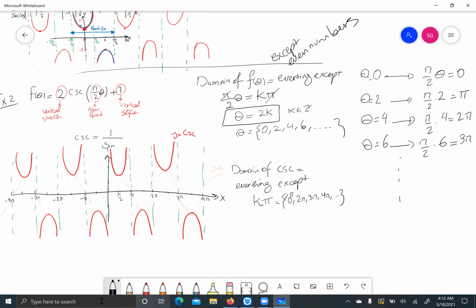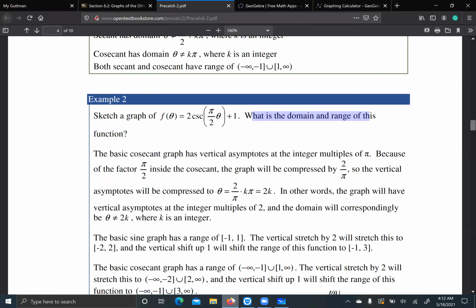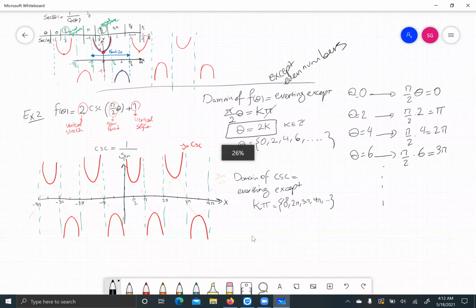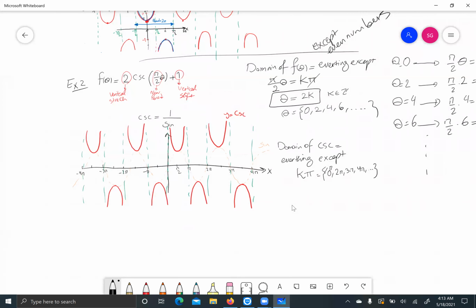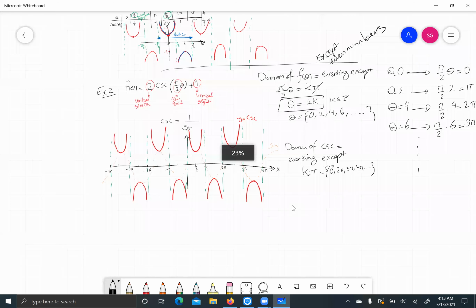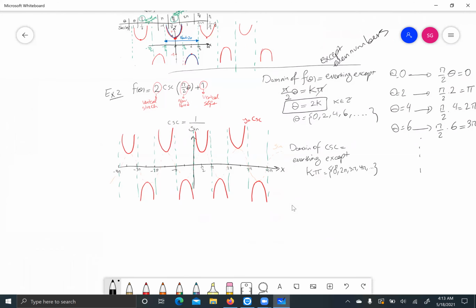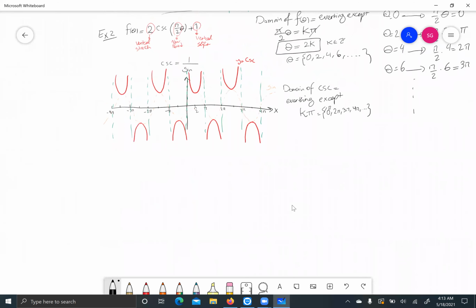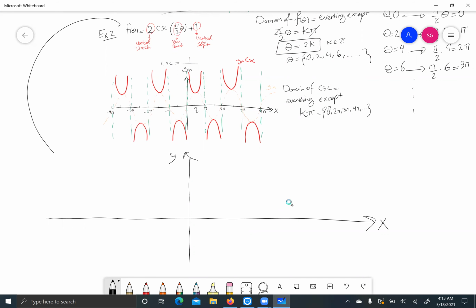And what was the next question? What is the range? The range of this function is... maybe I'll draw the graph of this function. How about that? Here I'm going to draw this graph.